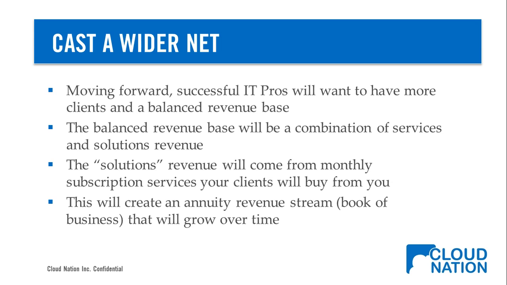And that's what the cloud delivers. What we've put together with a cloud solutions platform is the ability for IT professionals to go out and actually start selling cloud solutions as a monthly subscription, in a capacity that provides our members with typically between 15 and 30% margin on a monthly basis.